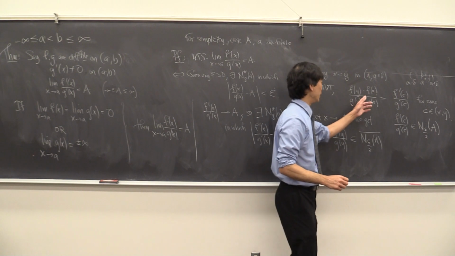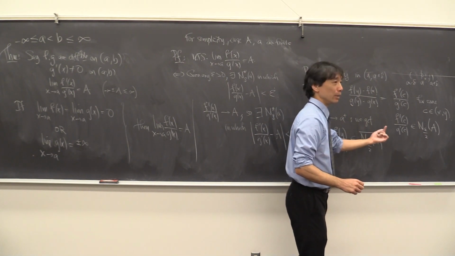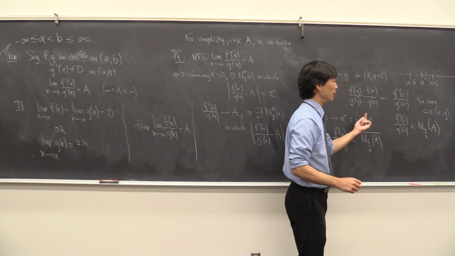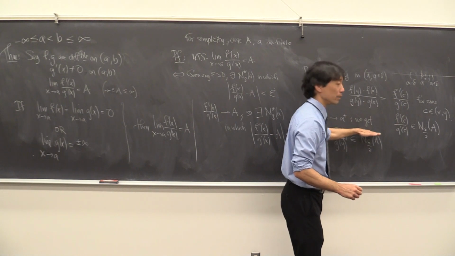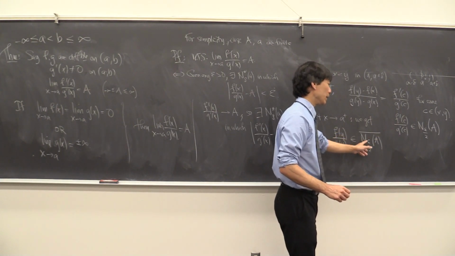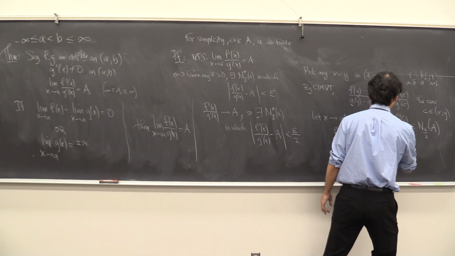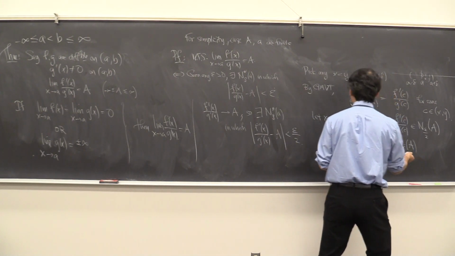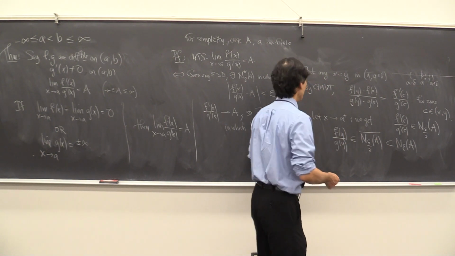As you take this limit, this thing might tend towards some limit point, but it'll stay inside the closure. That's why we took the epsilon over 2, which is within epsilon. In any case, it's within epsilon of A.